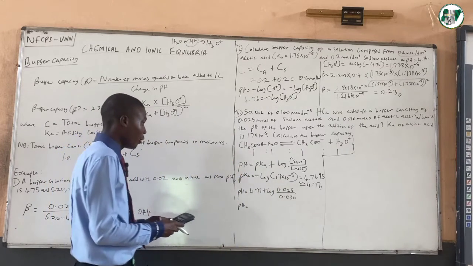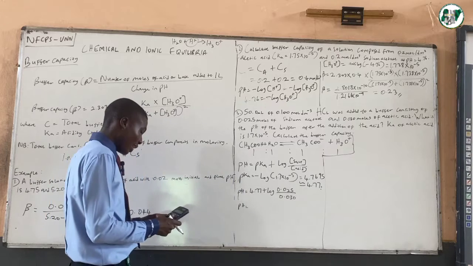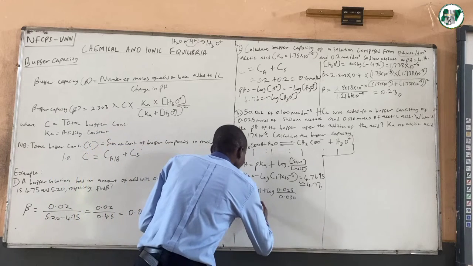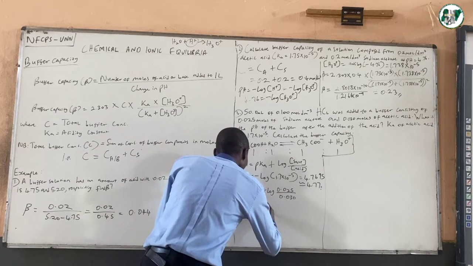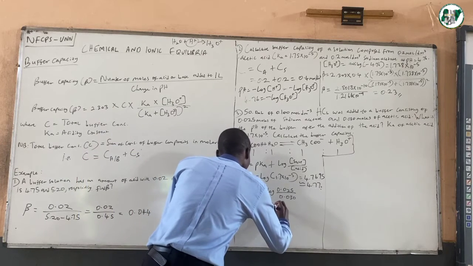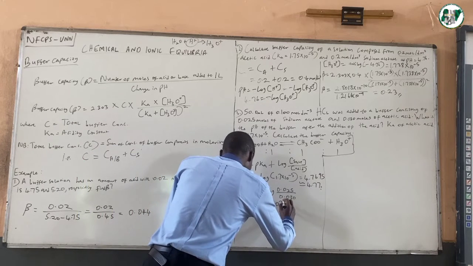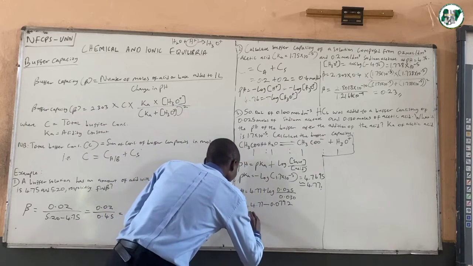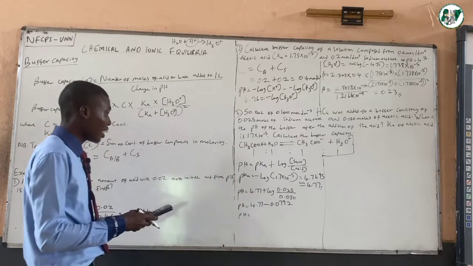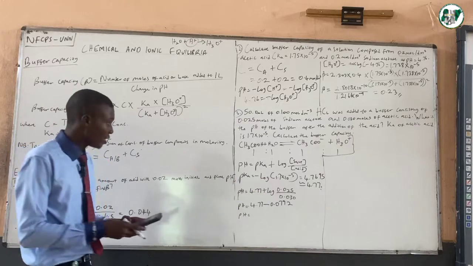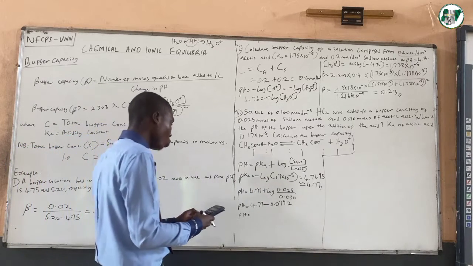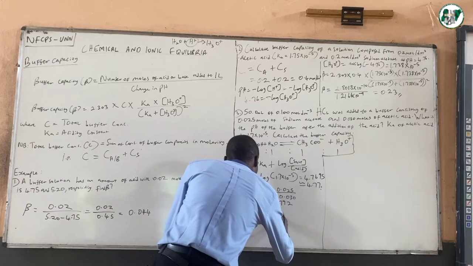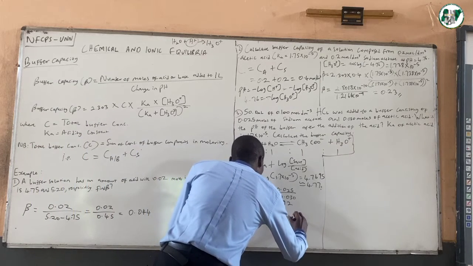The logarithm of 0.025 divided by 0.03 is going to be negative. Minus times plus will give us minus. So that's 4.77 minus 0.0792, and that's going to give us 4.6908, which is approximately 4.69.